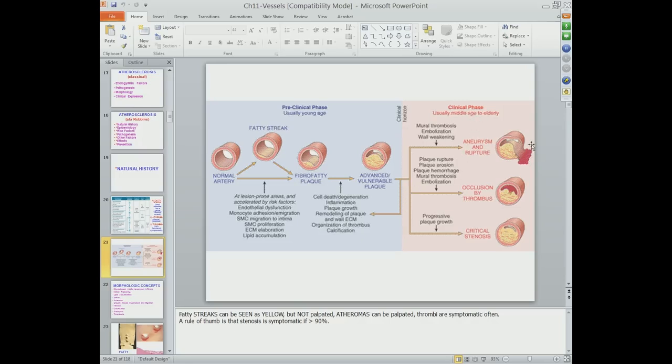After advanced, that wall can be so weakened it could rupture. But not only can it rupture, it could balloon out before it ruptures. Another thing is it could be completely occluded by a thrombus, or it could just be very, very severely stenotic. So, does stenosis usually precede thrombosis? Yes.